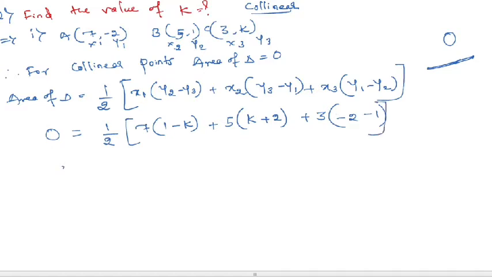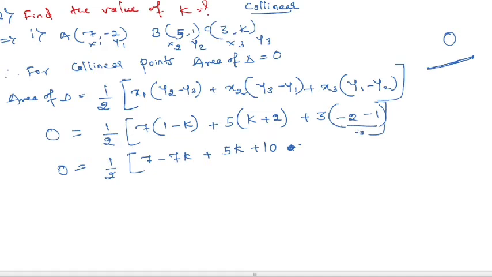0 is equal to half in the bracket 7 in the bracket 1 minus k. What will we get? 7 1s are 7 minus 7k, plus 5 into k, 5k plus 5, 2s are 10, plus 3 in the bracket minus 3, minus 2 minus 1 is minus 3.